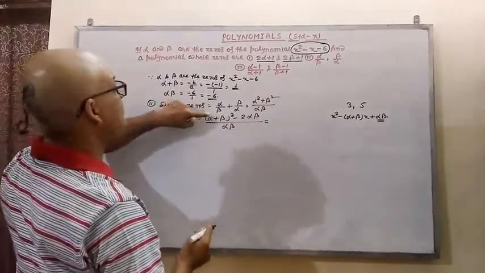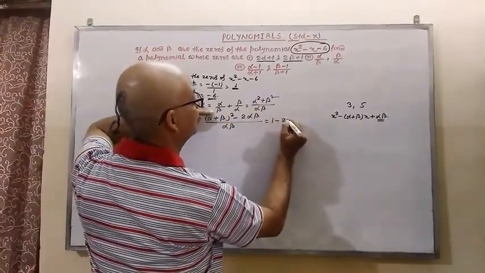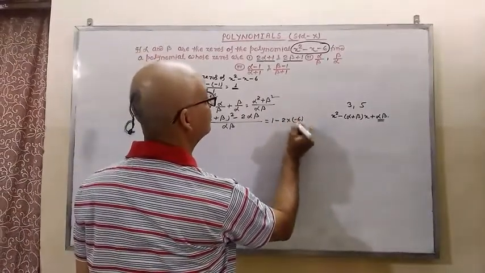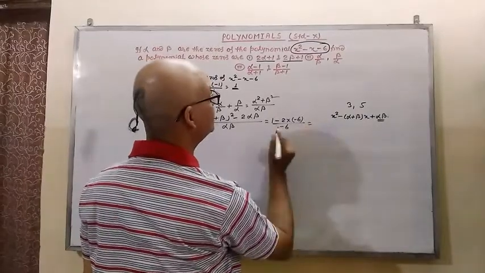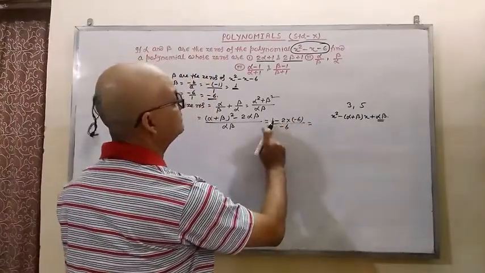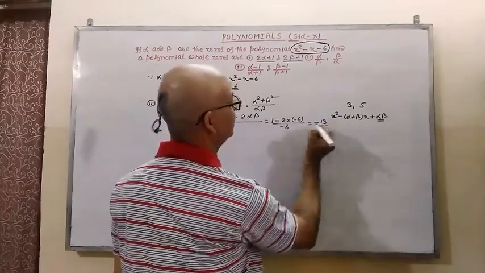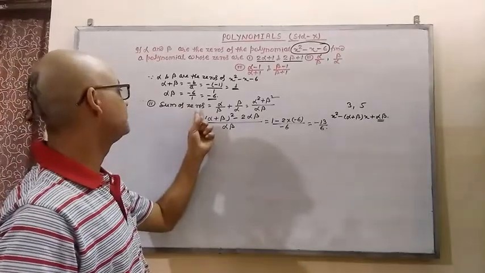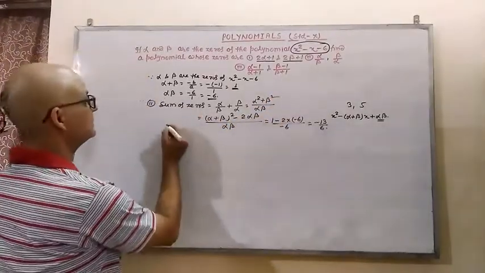Now alpha plus beta is 1. So 1 square is 1 minus 2 into alpha beta, which is minus 6, by alpha beta, minus 6. So now this is equal to 12 plus 1, 13. So minus 13 by 6. So now this is the value of the sum of zeros for this required polynomial.